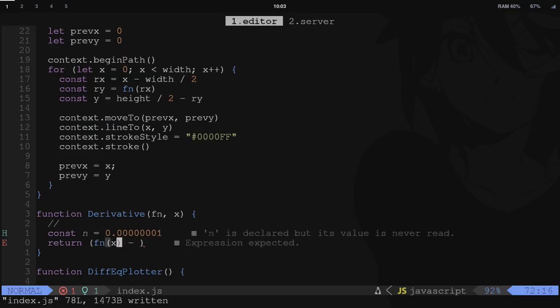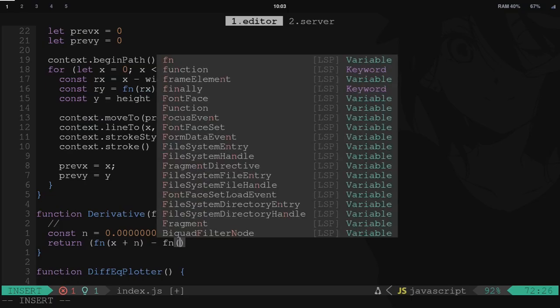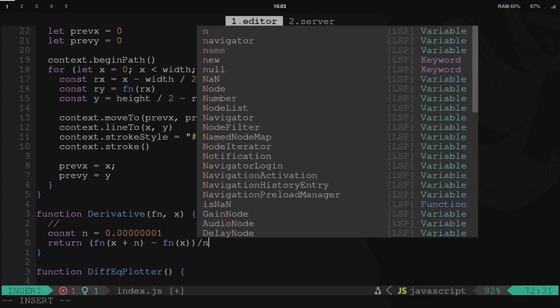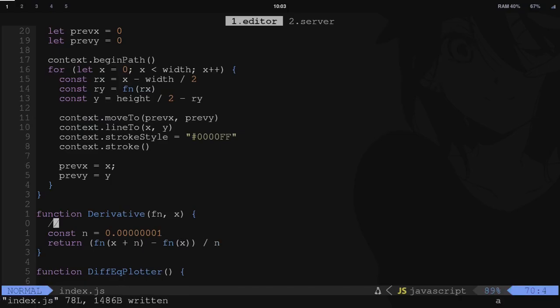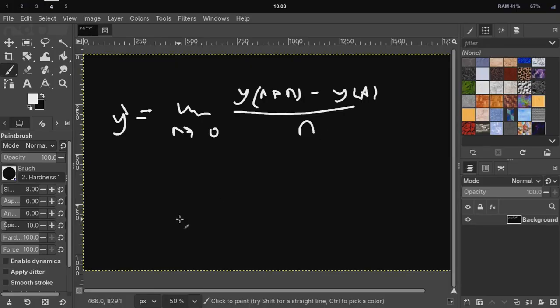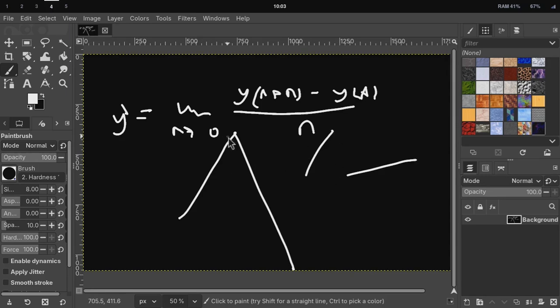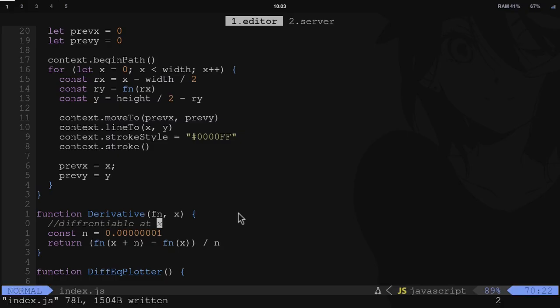It's a pretty good approximation, and this assumes that the function is differentiable at x. If the function isn't differentiable, that means it has some peak or it is discontinuous. In those cases, our approximation falls apart because no derivative exists.